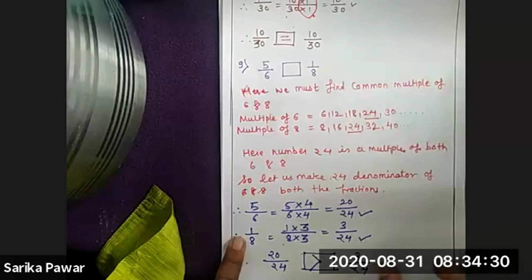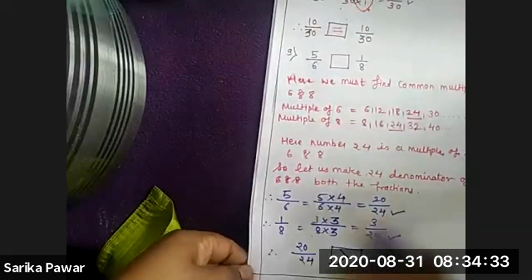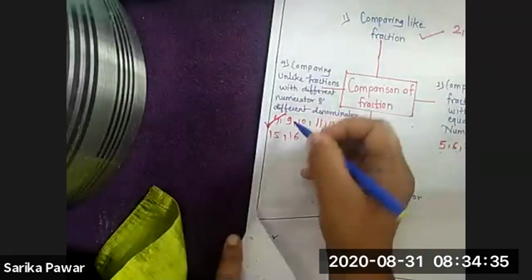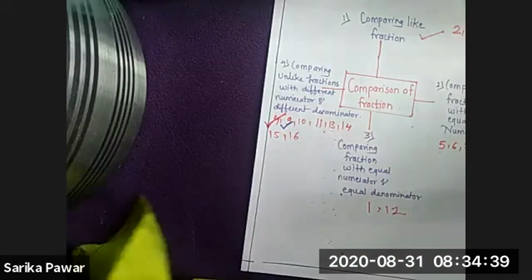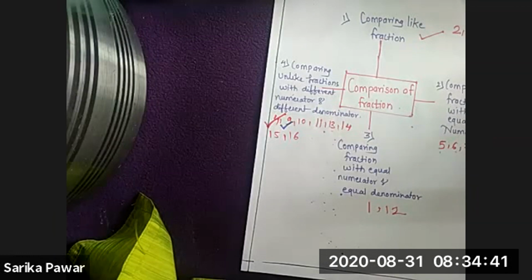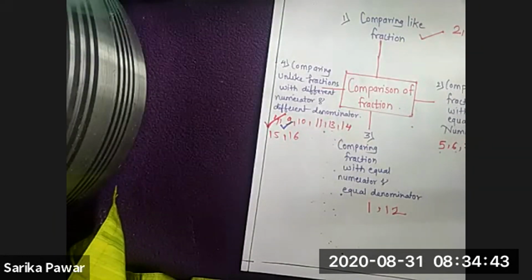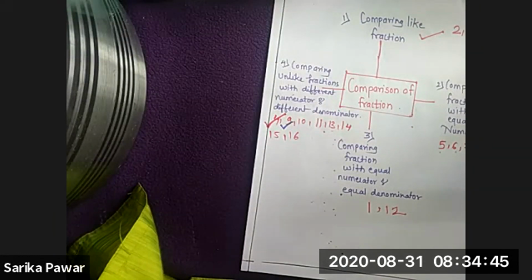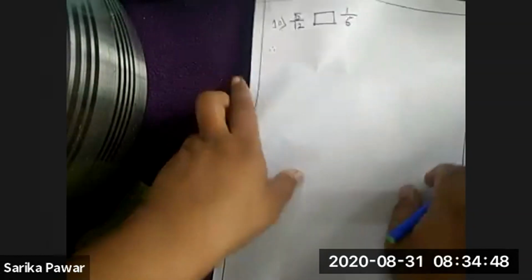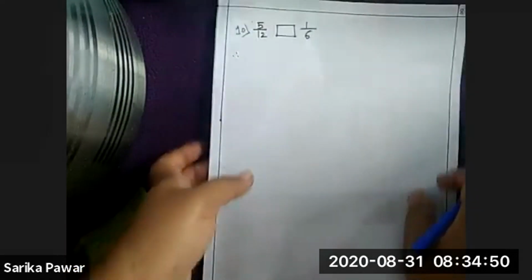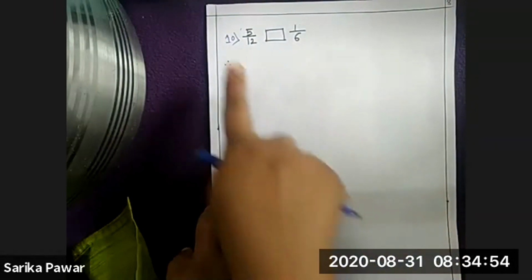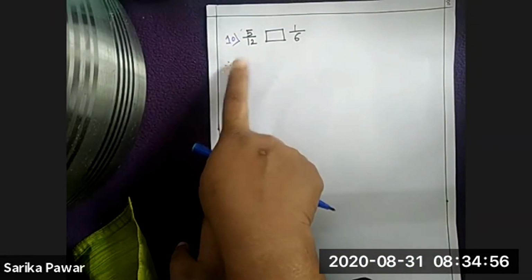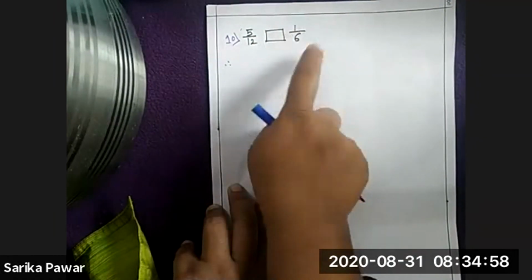Yes. Okay. Now see here all of you. Problem number 9 I solved. Now let's move the problem number 10. Problem number 10. Observe your textbook in problem set 19. Problem number 10. 5 upon 12 and 1 upon 6.